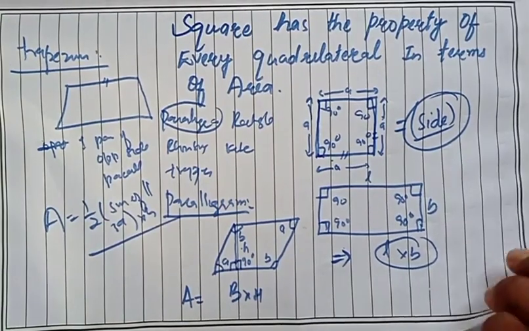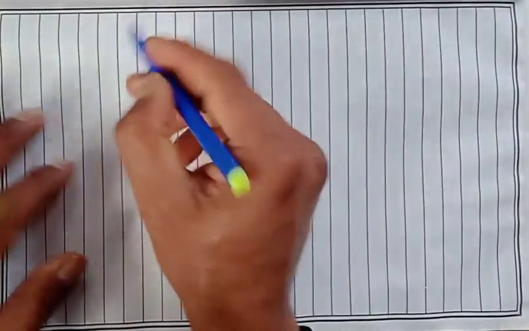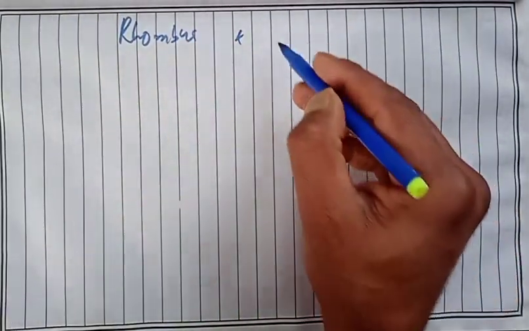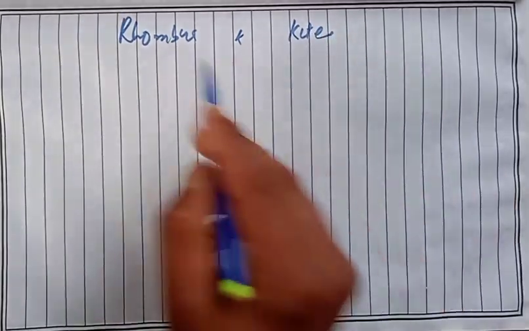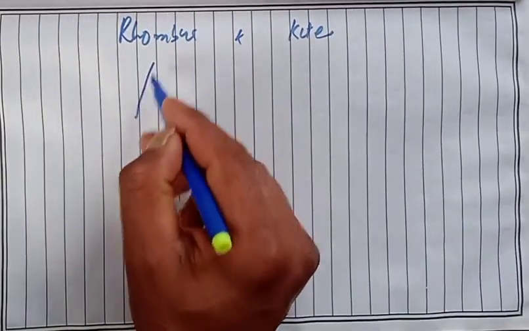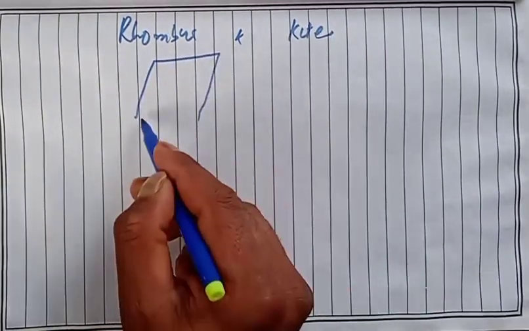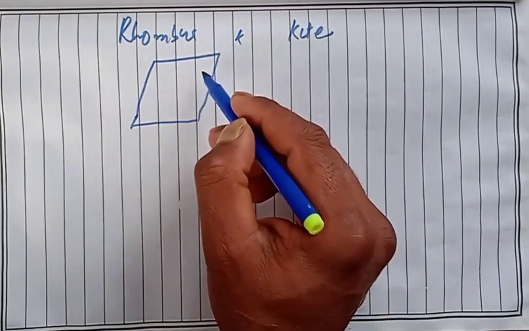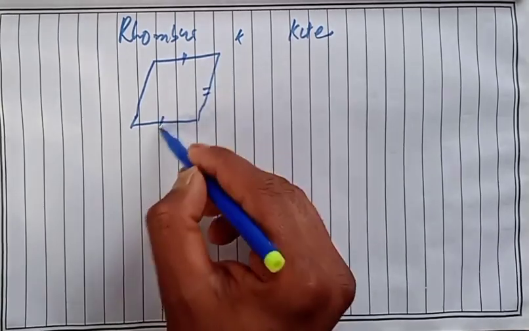And there are two more types of quadrilaterals. One is the rhombus and another one is the kite. The rhombus is the same as a parallelogram in shape, but it has all sides equal like a square.